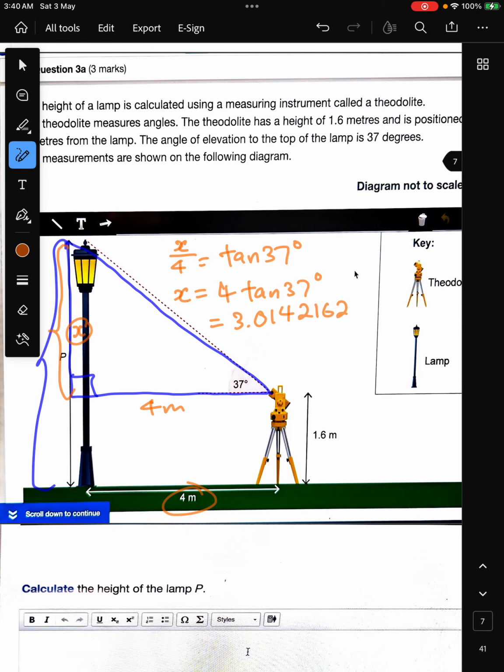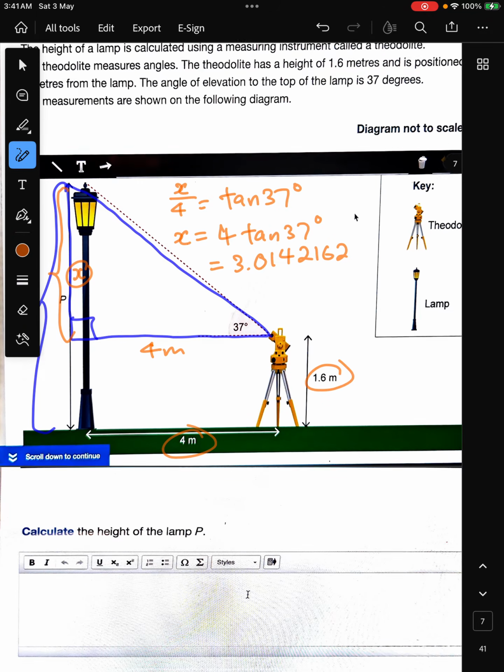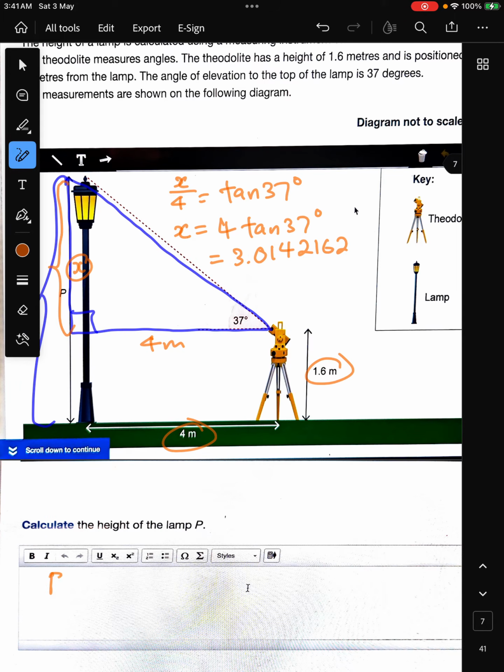Since we know what x is, we just have to add on the height of 1.6 meters. So the height of lamp P is 3.0142162 plus 1.6, which should give approximately 4.6 meters. I'm just going to keep this to one decimal place.